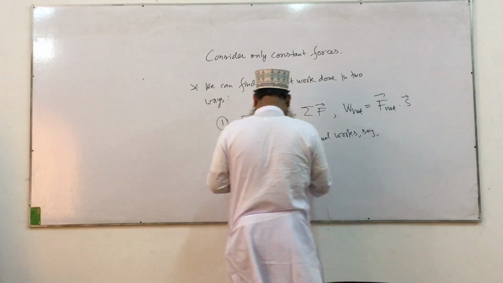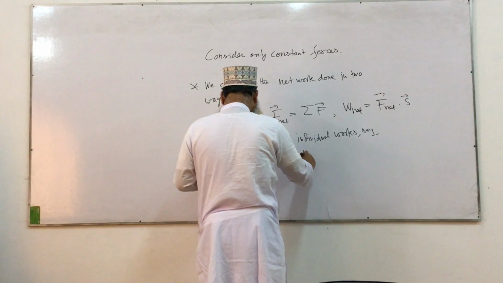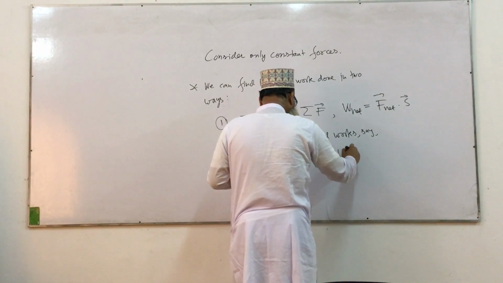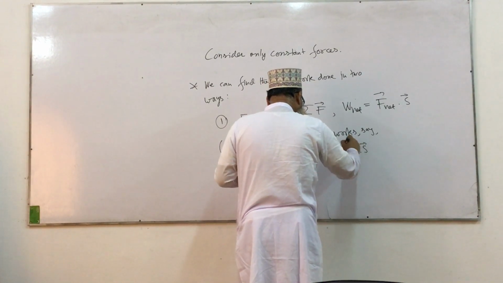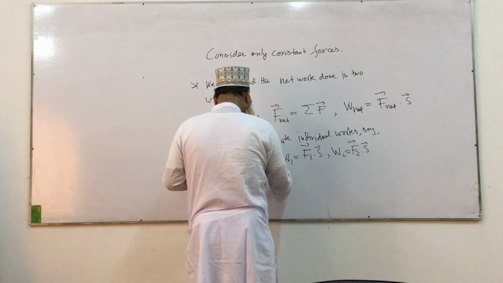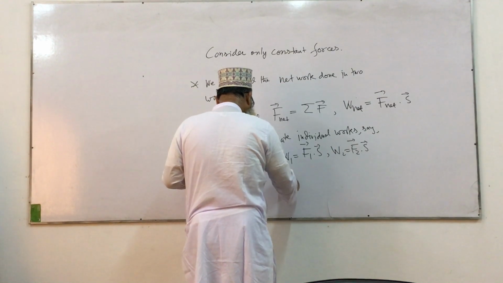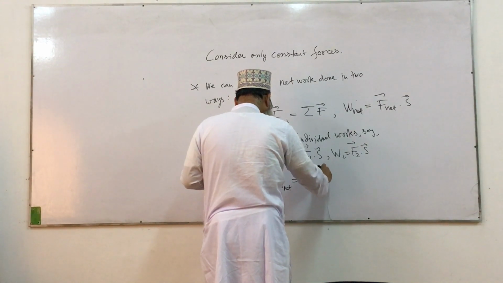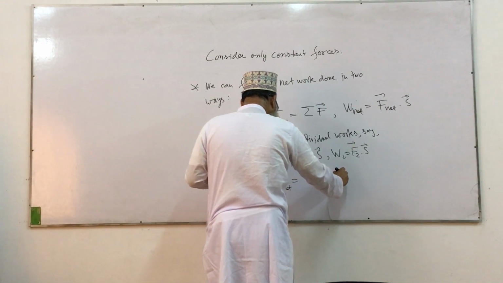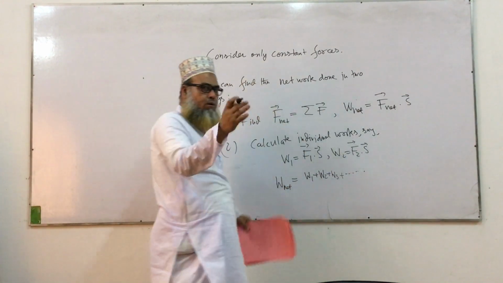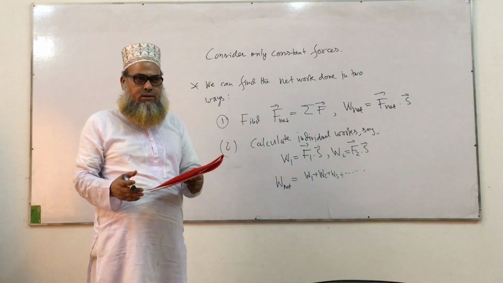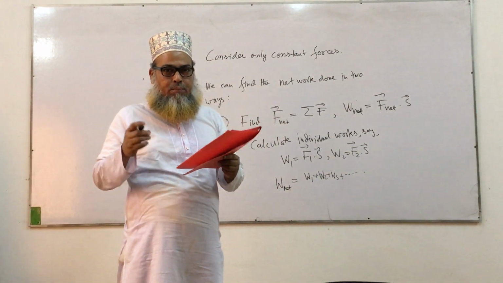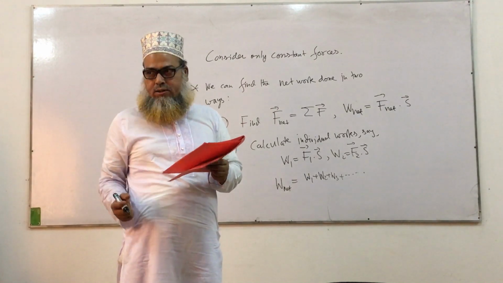Say W1 is F1 dot S, W2 is F2 dot S. So W net will be W1 plus W2 plus W3, all the individual works done. So you can find also the net work by summing the individual works.